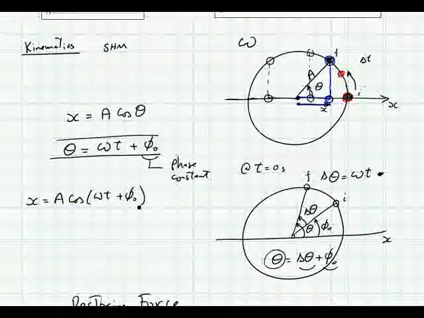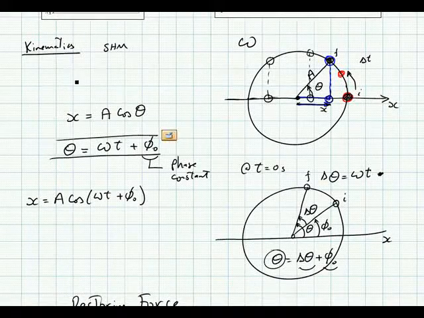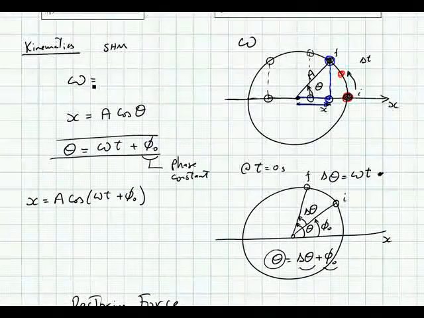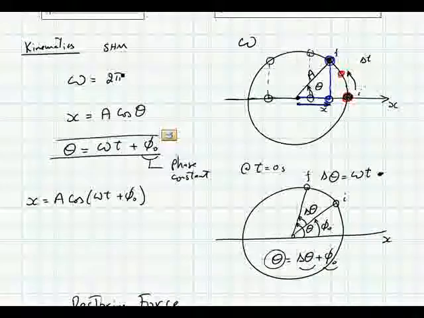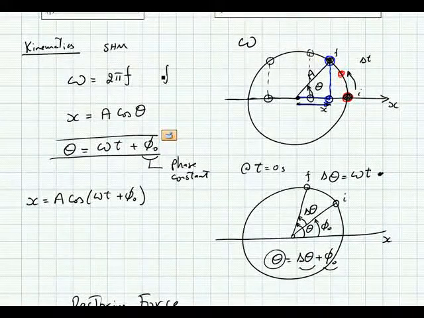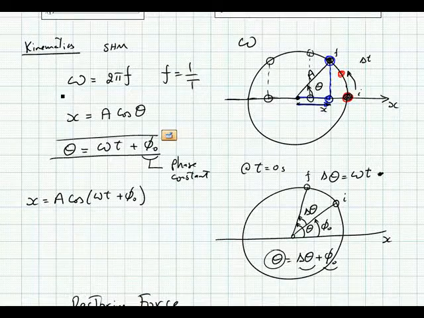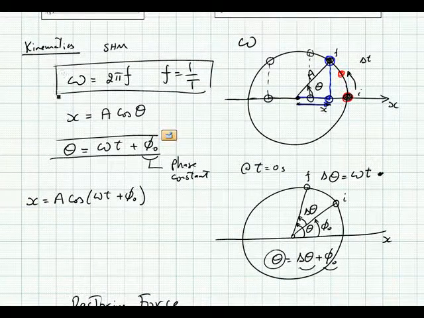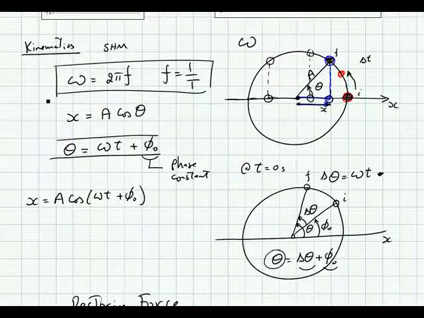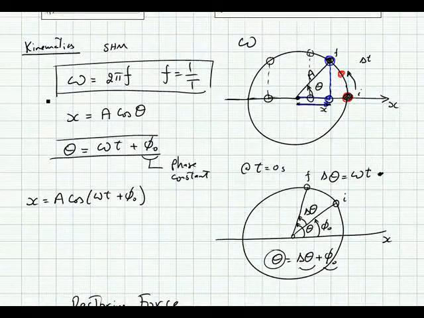Omega is the angular frequency of the oscillation, and omega is equal to 2 pi f, where f is 1 over the period of the oscillation, and a is the amplitude of oscillation.